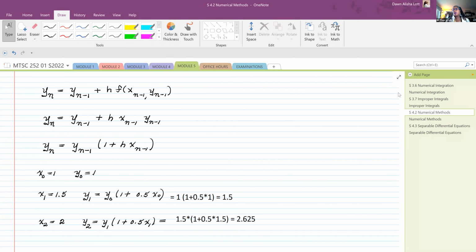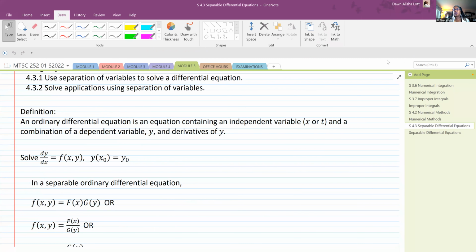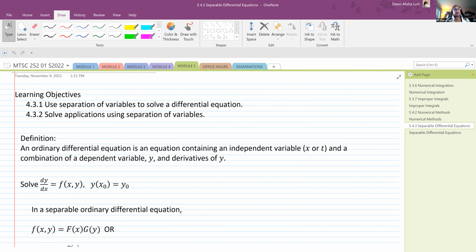Okay. All right, so what we're going to learn today is how to solve the ordinary differential equation. Our first thing is our learning objectives. We're going to use the technique of separation of variables to solve a differential equation, and we're going to solve some applications using separation of variables.